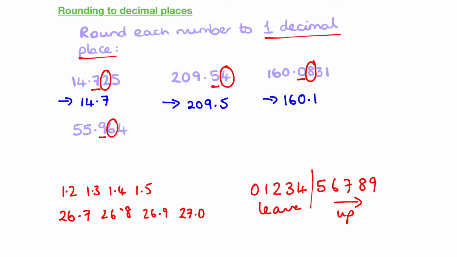So when we are rounding the 9 up, instead of being 55.9, it becomes 56.0. Okay, just think about this number as 55 of those whole ones, and then 9/10, but when we make it into 10/10, that actually gives us another whole one, so it's 56, and then we've got no spare tenths. Okay.